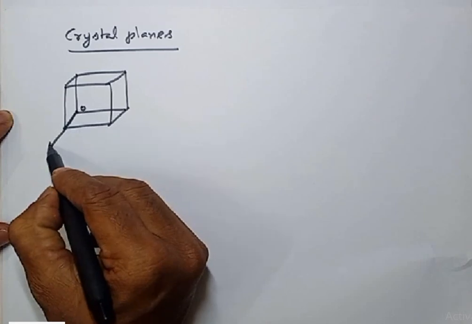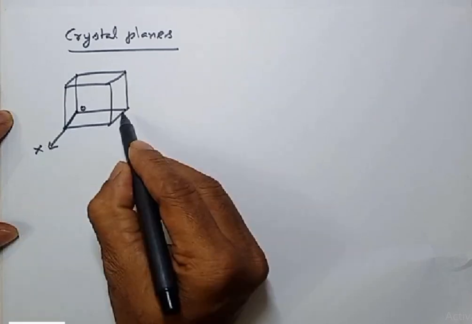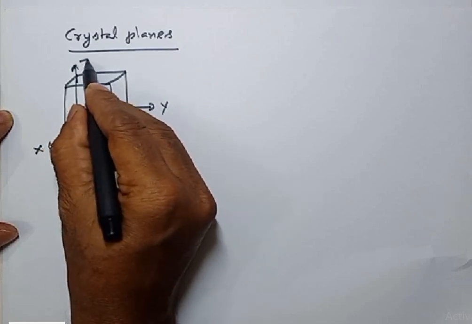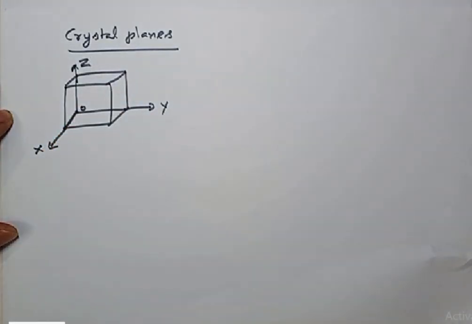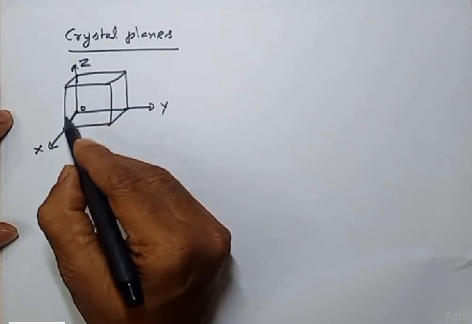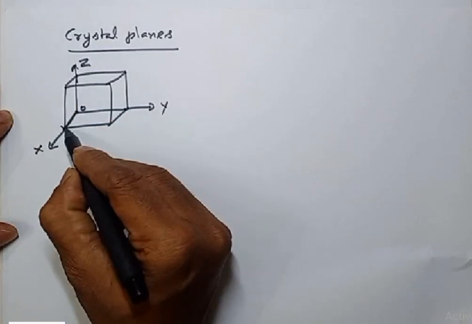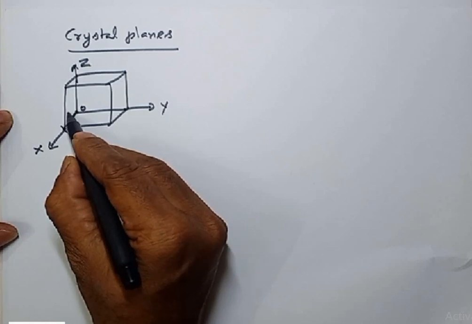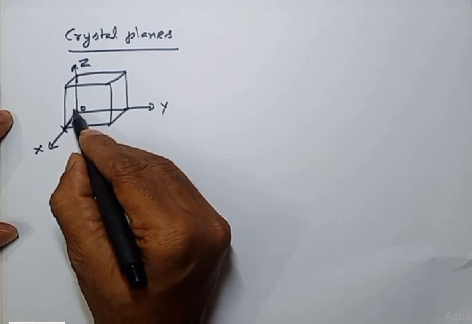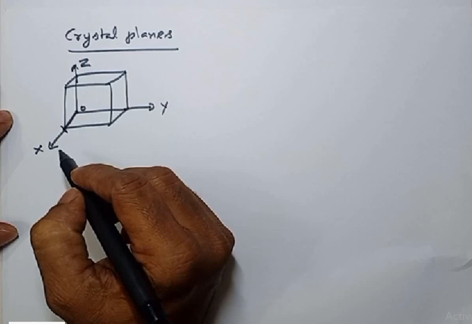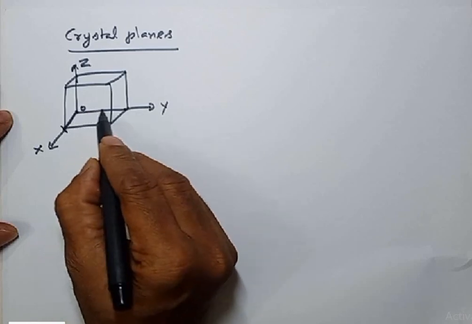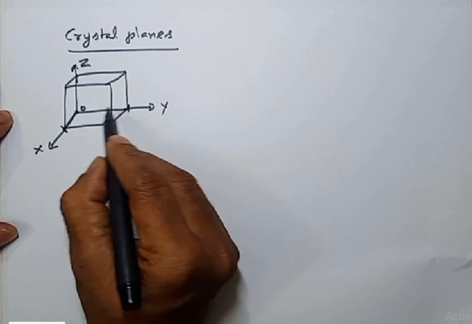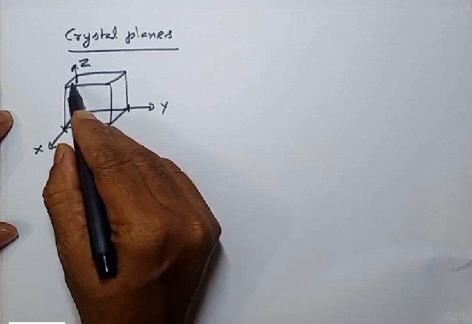Then you take this axis as the x-axis, this as y, and this as the z-axis. Now this unit cell cuts the x-axis at some distance, and this is what we call the x-intercept. It cuts the y-axis at a particular point, and this length is called the y-intercept, and this is the z-intercept.